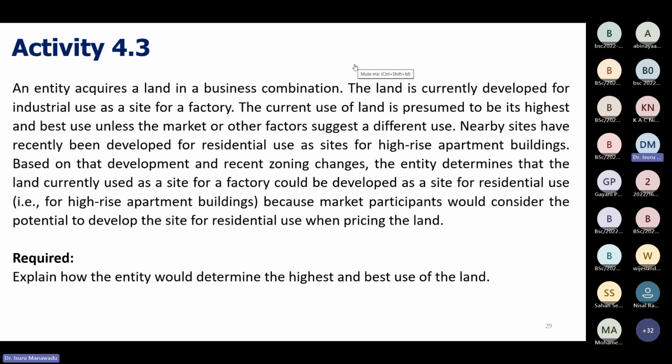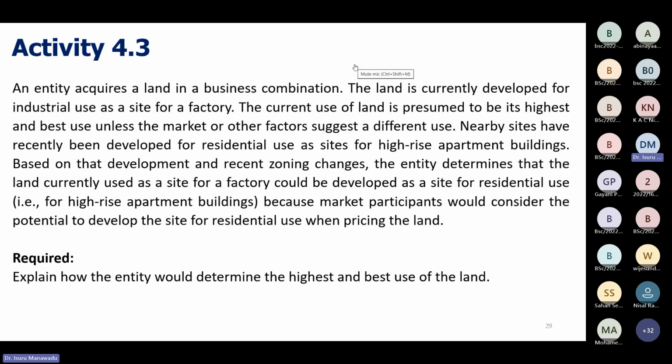That is high-rise apartment buildings, because market participants would consider the potential to develop the site for residential use when pricing the land, right? Okay, now you can understand the highest and best use needs to be determined by the perception of the market participants. Highest and best use is not the current use.